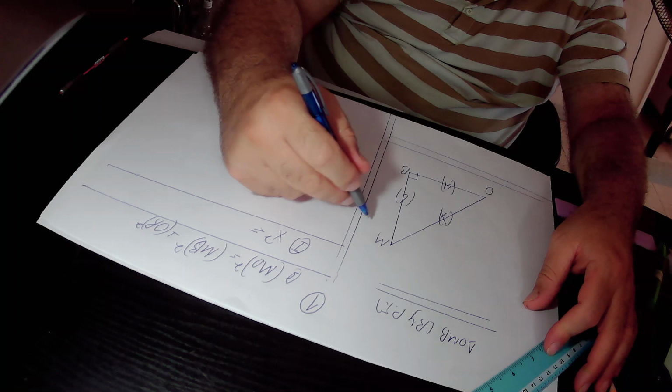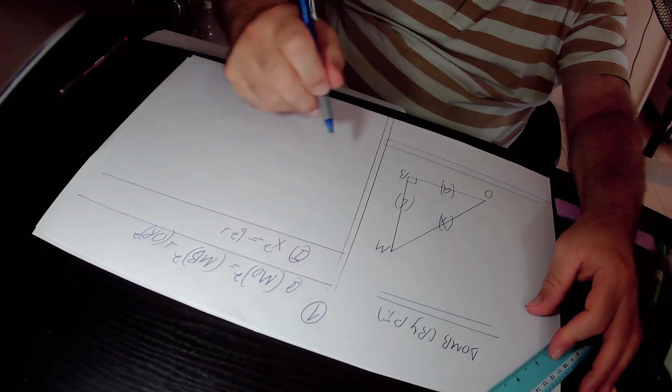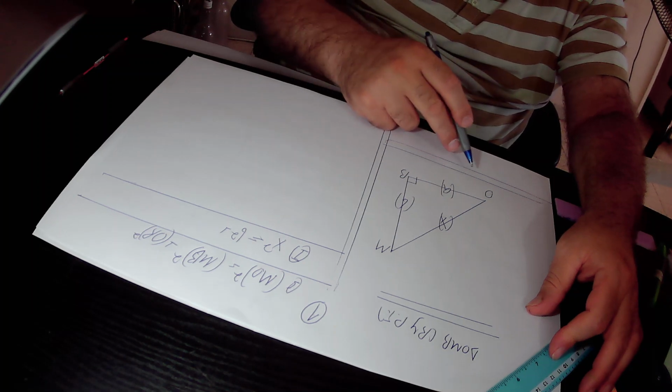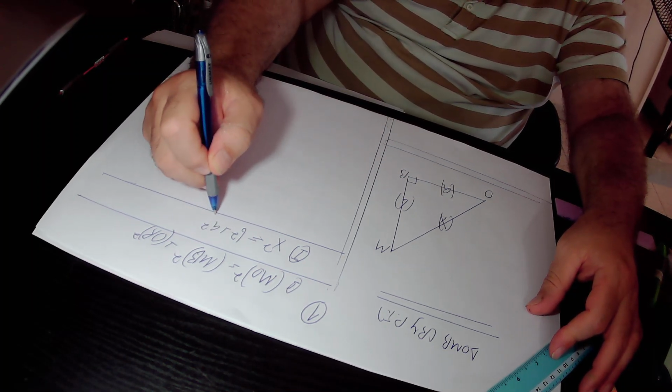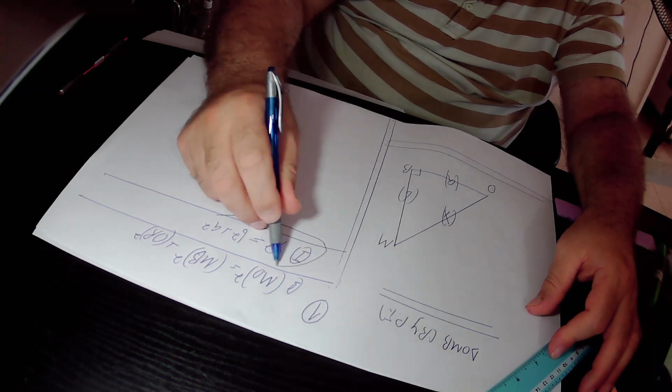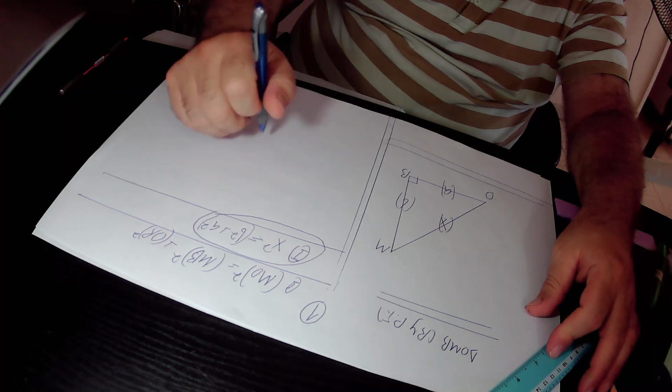And it is equal to MB squared. MB is B, therefore MB squared is B squared, plus BO squared. BO is A, therefore BO squared is A squared. So in total we found out that according to equation 1, x squared equals B squared plus A squared.